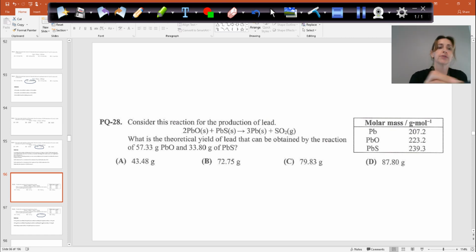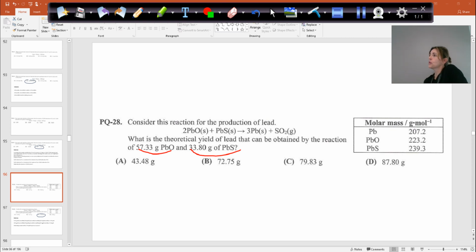So first thing to do, and as I said, there are 2 ways of doing this. One approach is, if you don't want to think about much of it, you just take the 2 given amounts in grams of the 2 reactants, and you calculate how much of the product you can get with each of the 2 starting materials.